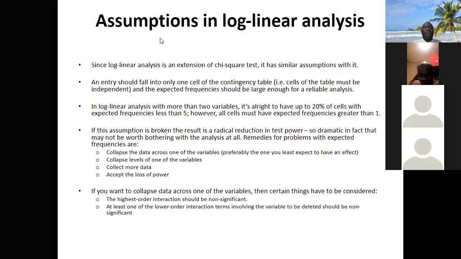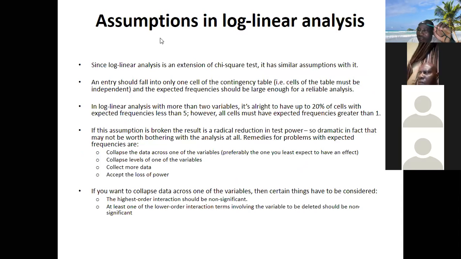Now, since log linear analysis is an extension of chi-square, it has similar assumptions. So before we run it, we'll just quickly look at some of the assumptions. The entry should fall into only one cell of the contingency table. Well, everybody knows that one. Then in log linear analysis, with more than 2 variables, it is already all right to have up to 20% of cells with expected frequency less than 5.